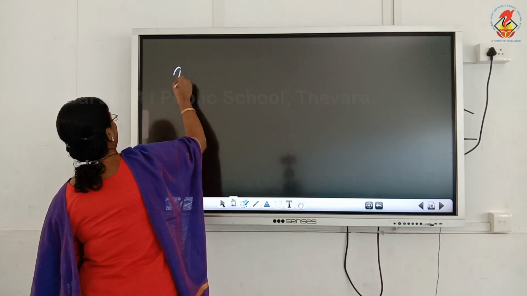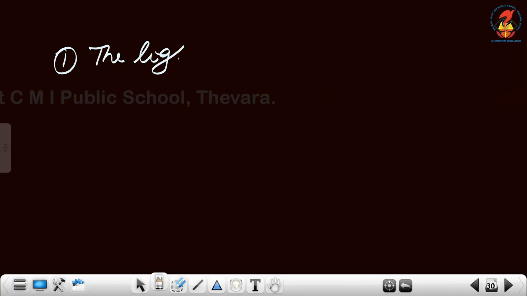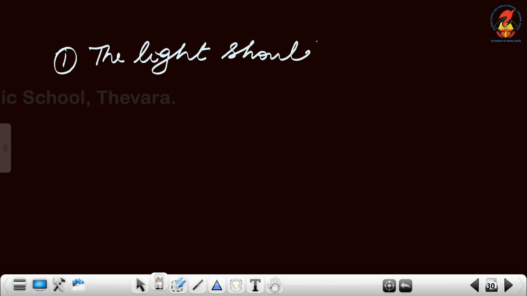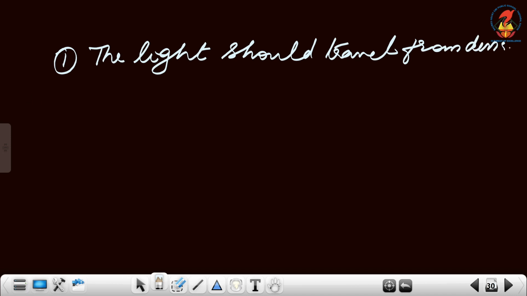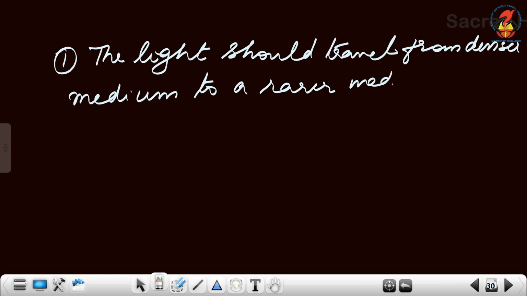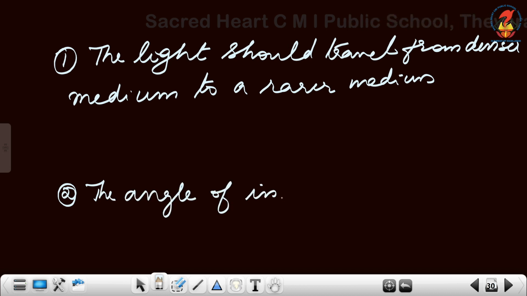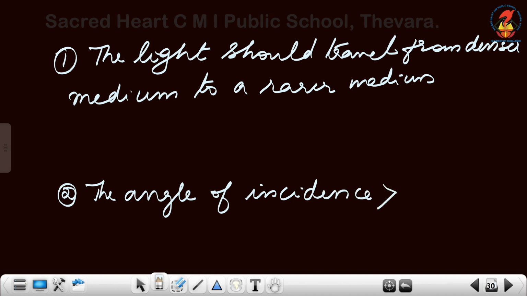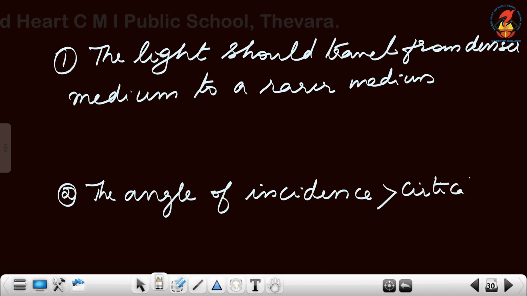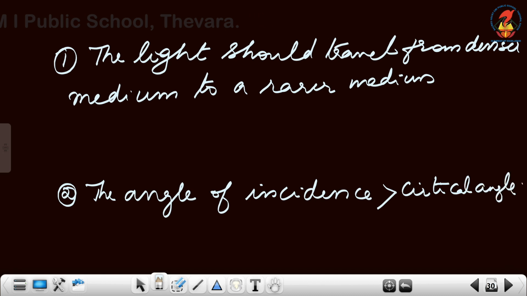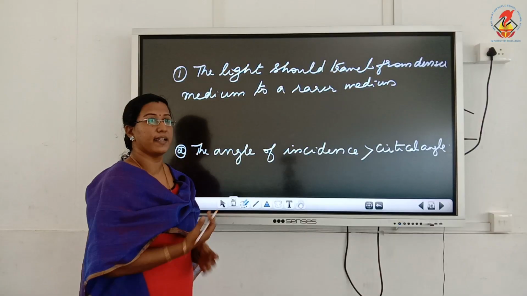First, the light should travel from a denser medium to a rarer medium, and second, the angle of incidence should be greater than the critical angle. Only if these two conditions are satisfied will TIR happen.